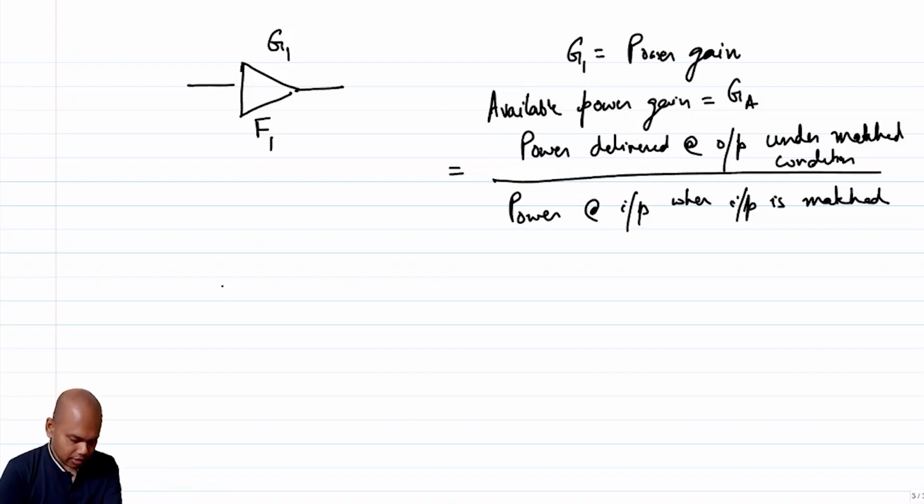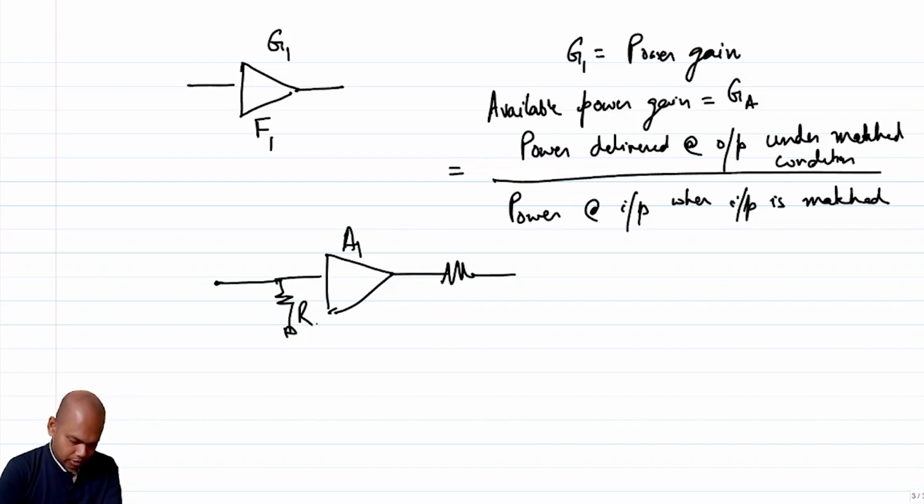If that is the case, then the assumption is, say I have a voltage gain of A1, and the input and output terminals are matched. Say this is R, this is R, and I am driving with a voltage source with resistance R, and there is a load of resistance R, right?